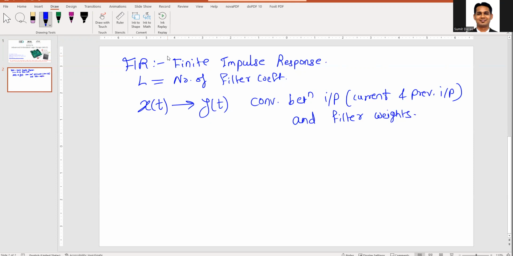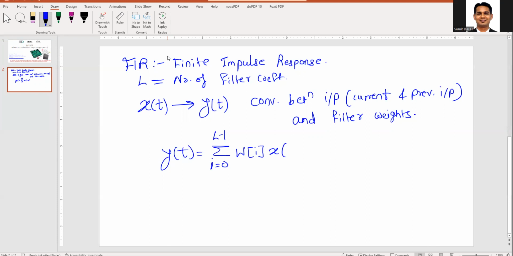So for example, the output y of t at time t is performed using a convolution of size L. So there will be L MAC operations, with i equal to 0 to L minus 1, and you will have W of i. Each filter weight you will multiply with the corresponding input.